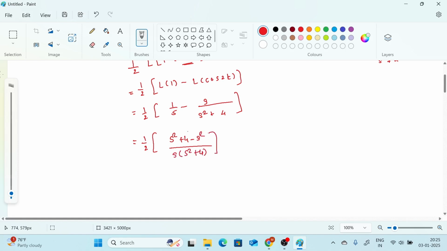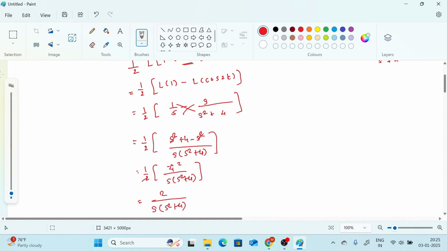What I did is cross multiplication this way. What I will get is 1 by 2, s square plus 4 minus s square cancel, upon s into s square plus 4. So I will get 2 upon s into s square plus 4.